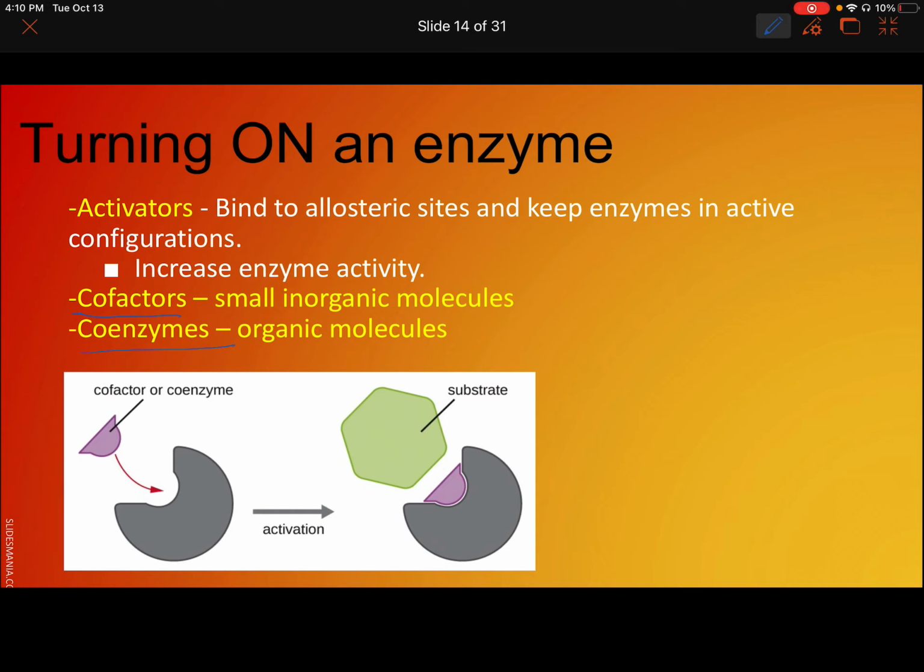But because the cofactor fits in here first and fills in that gap, now this active site fits the substrate better and allows the substrate to fit. So this is a case where, in order for that substrate-enzyme complex to work, you need a cofactor or a coenzyme to help that process proceed.